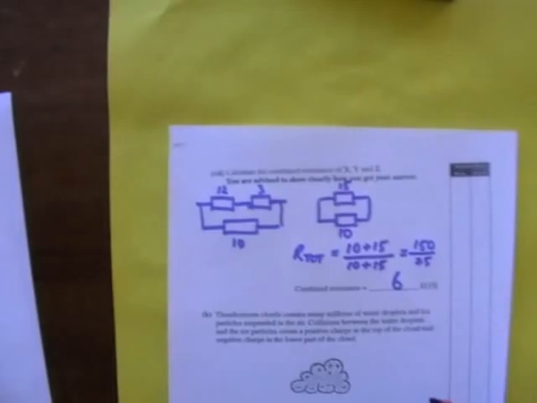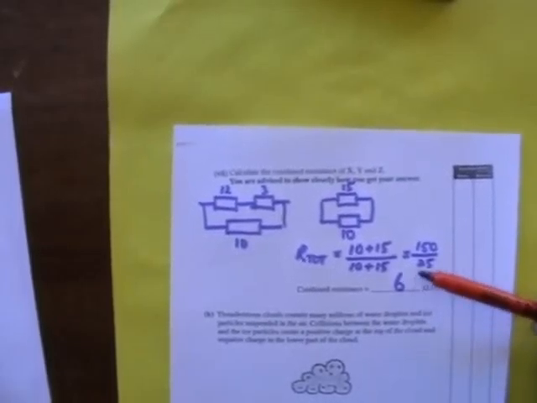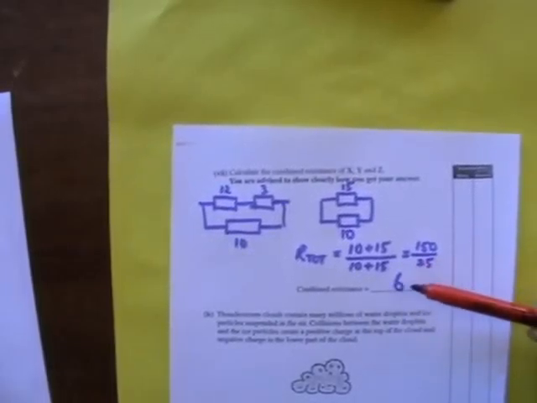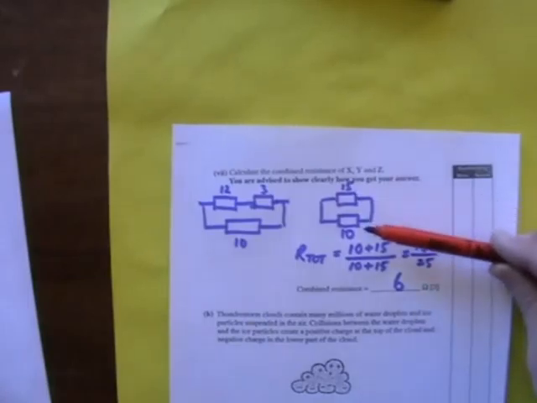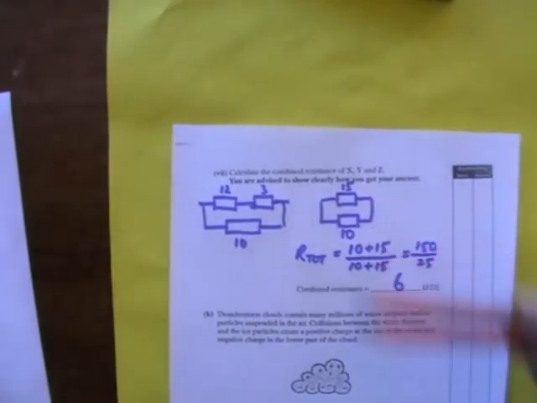Now a quick check, whenever you're doing these types of calculation, the total resistance should be less than any of the individual resistors. The smallest individual resistor there is 10, and 6 is less than 10, so it looks as if we might be in the right kind of area.